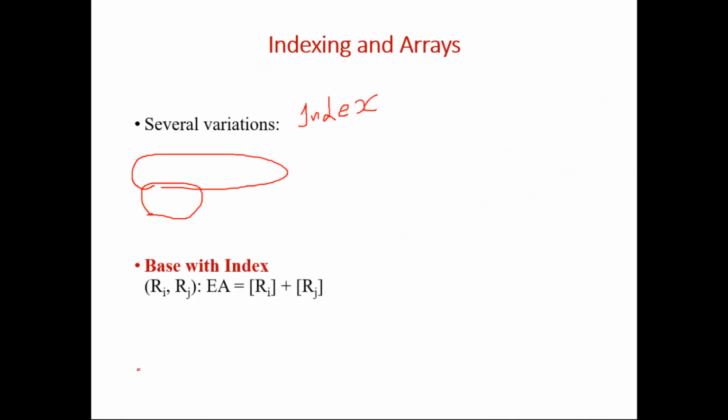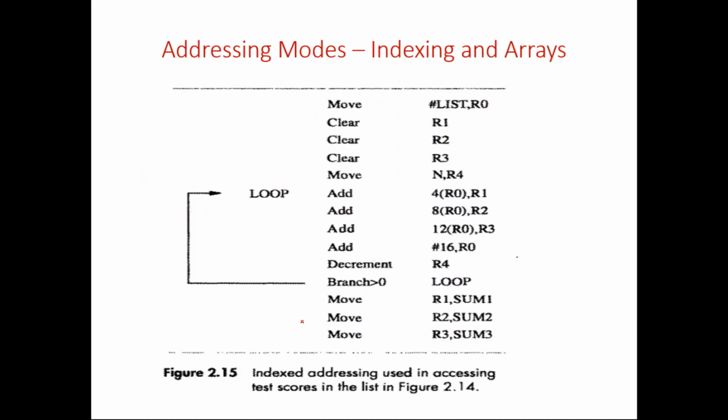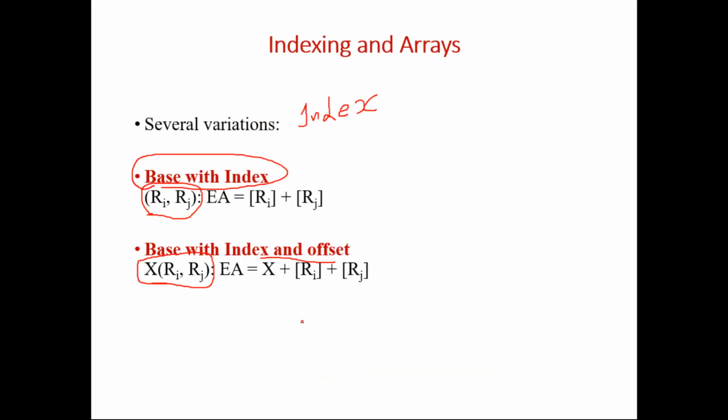And there is another variation which is called base with index and offset. Here we give 3 things: x of Ri comma Rj. For example, let us assume add 4 within brackets R6 comma R0, comma R1.